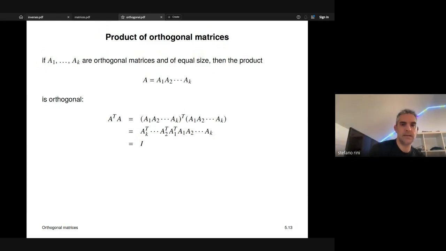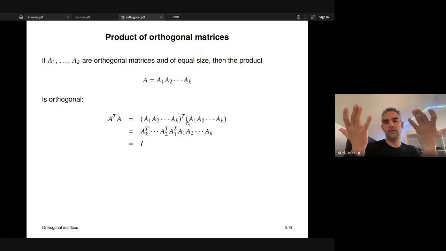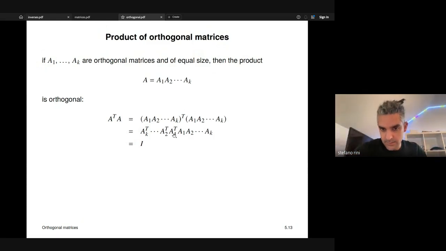Then the product of orthogonal matrices is also an orthogonal matrix, and this is easy to see because when you take A transpose A, in a sense, you flip the matrices, and then you have K cancel with K, 1 cancel with 1, 2 cancel with 2, and then you end up with an identity. So this gives you some nice idea on, let's say somebody gives you some data, right? You could use this property of being able to stack up orthogonal matrices to do something interesting, right?